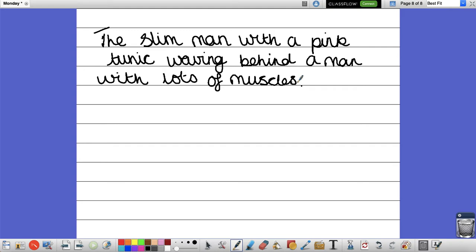Okay, so that's my description. The slim man with a pink tunic waving behind a man with lots of muscles.